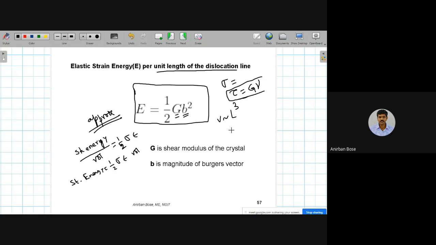So you just replace this quantity, because half into stress into strain in terms of shear strain energy will be half into shear stress into shear strain.